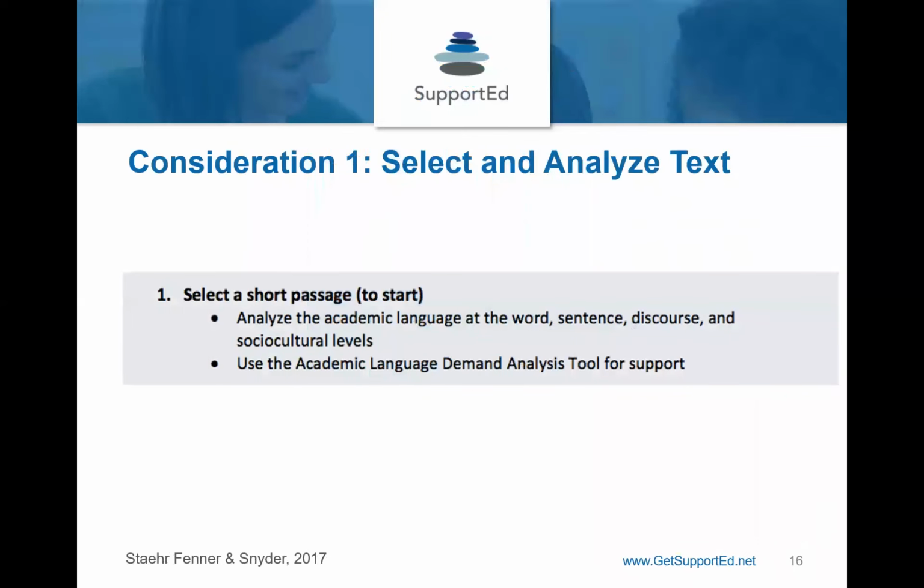Yes. All right, so the first consideration is both selecting your text and then analyzing it. And you know, as teachers, we have varying degrees of freedom when it comes to being able to select our text for our students, depending on all kinds of factors, including the curriculum. But what we can determine is which part of the passage we want to focus on, and then chunking it into manageable pieces, as some of you have mentioned in the chat already.